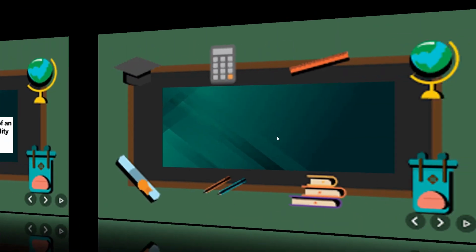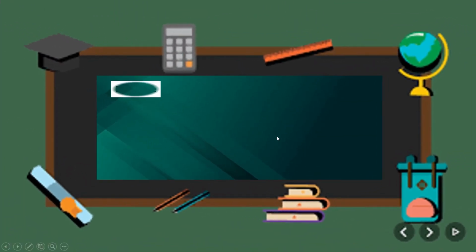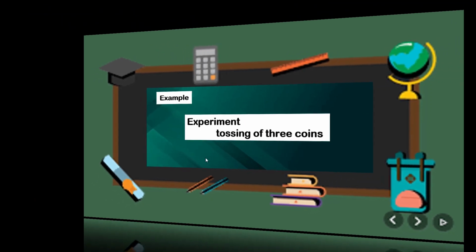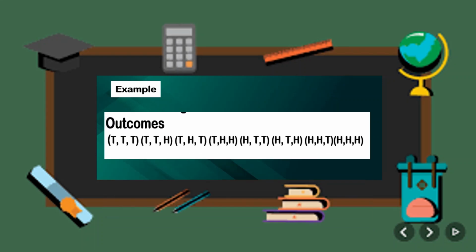Let's take an example of an experiment. Here we have an example of an experiment: tossing of coins, and particularly here it's tossing of 3 coins. Since we have an experiment, we can then have outcomes. Upon tossing the 3 coins, you can have these possible results.